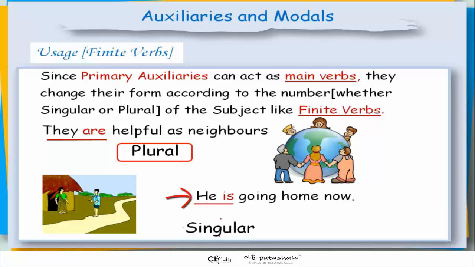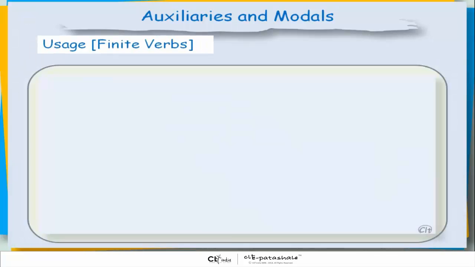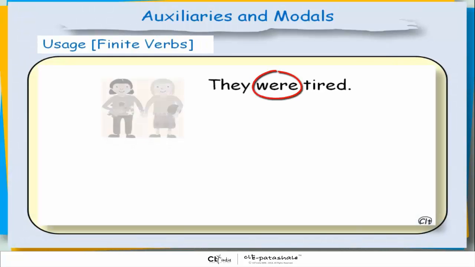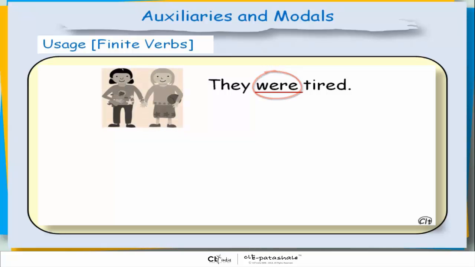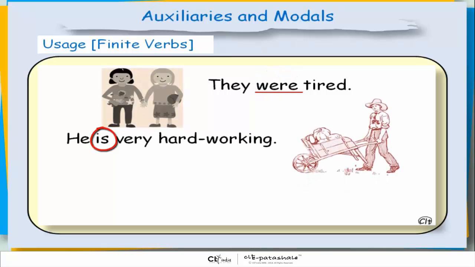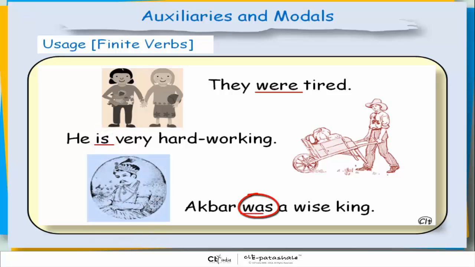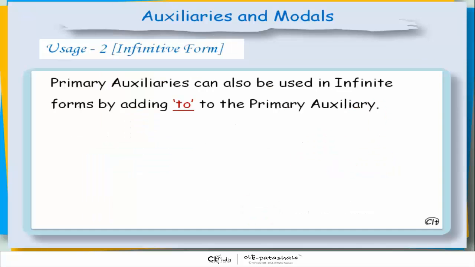Is is singular. They were tired. Were is plural again. He is very hardworking. Is is singular again. Akbar was a wise king. Was is a finite verb.